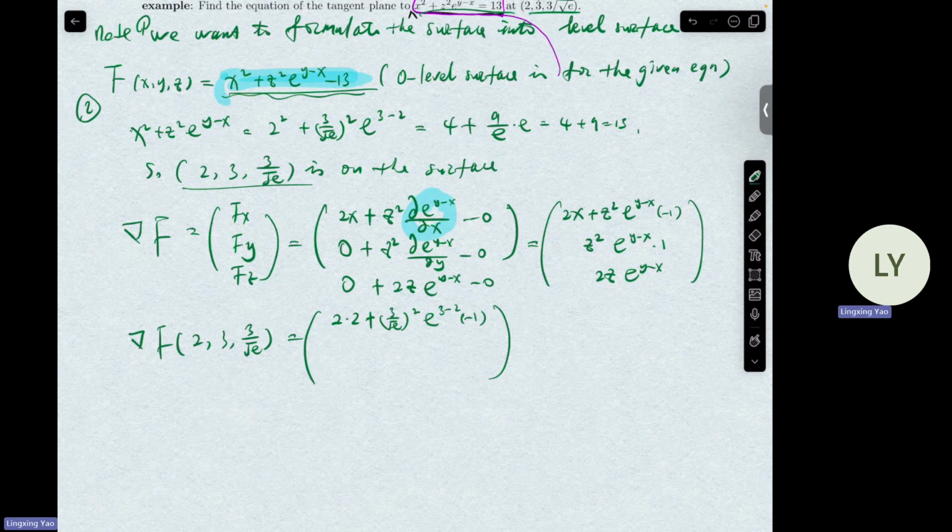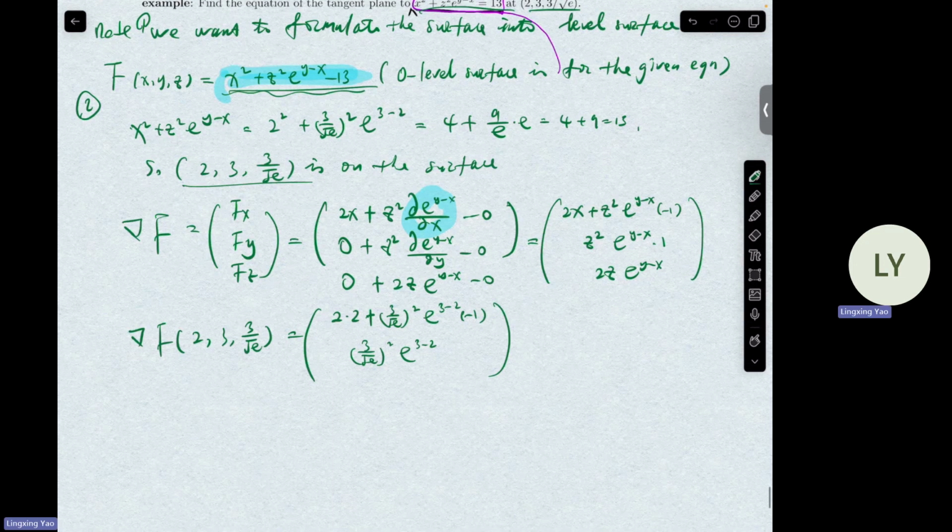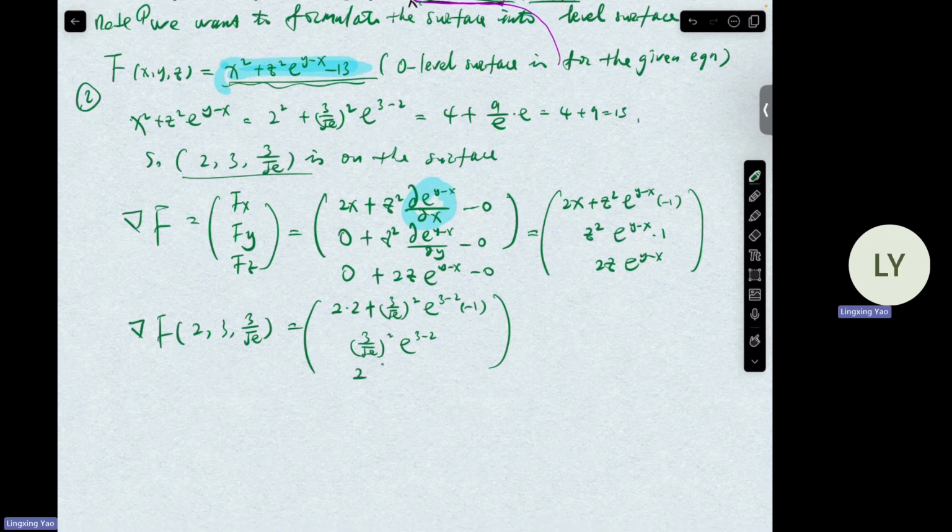And for the second component, we have 3 over root e squared times e to the 3 minus 2 times positive 1, so we don't have to multiply. So 2 times 3 over square root e times e to the power 3 minus 2.